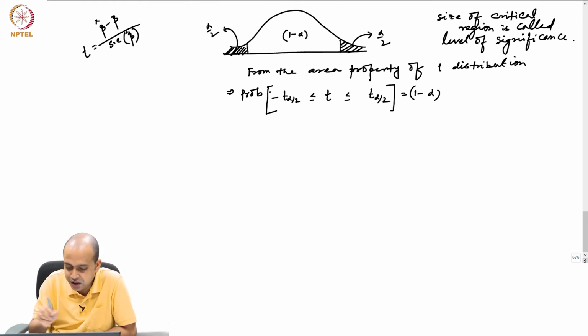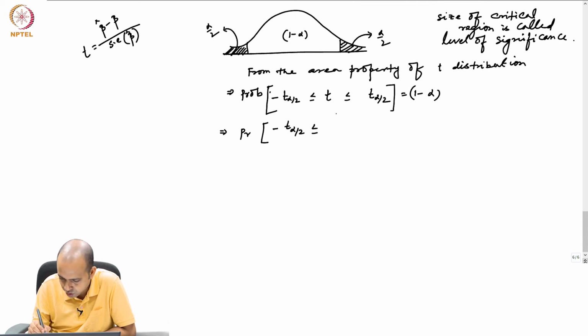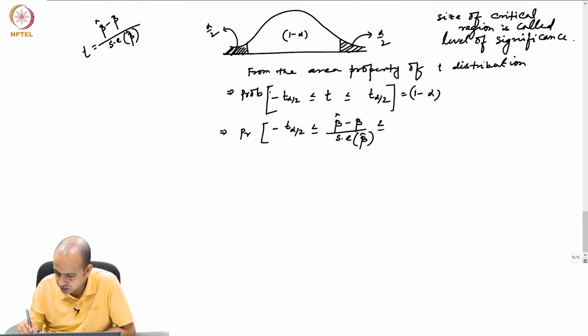Now, substituting T here, what I can write, that probability minus T alpha by 2 less than or equal to beta hat minus beta divided by standard error of beta hat less than or equal to T alpha by 2 equals 1 minus alpha.